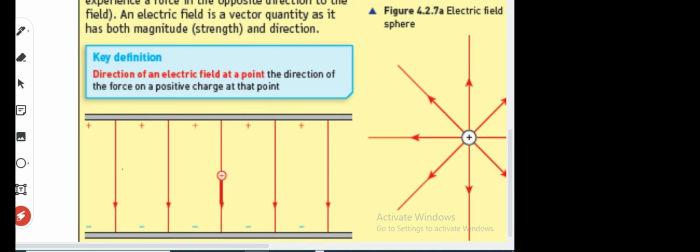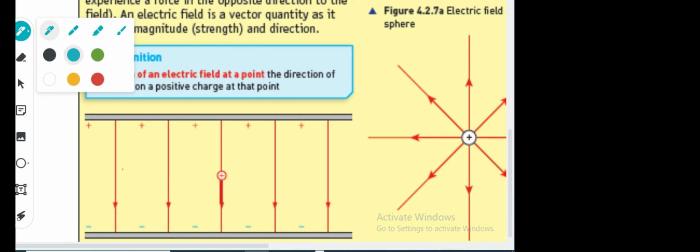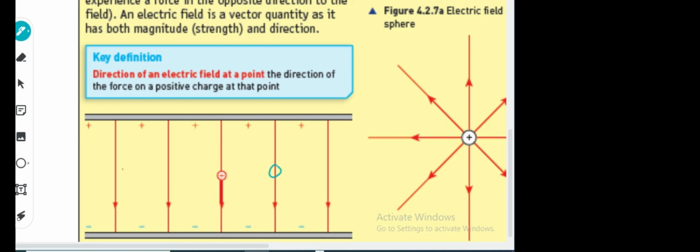All right. Now, the direction of the electric field. The direction of the electric field will definitely be the direction of the positive charge. Can I explain that? If you place a positive charge here, I'm going to use a blue line. I have a particle that is positively charged.